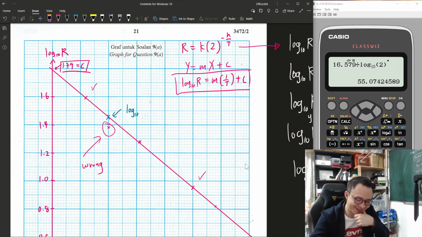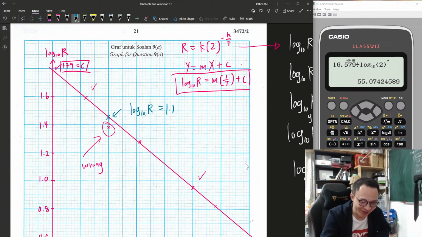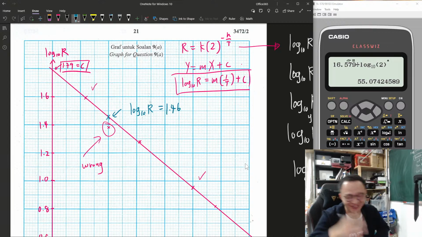Log 10 R equals 1.46. Yeah, like this is more accurate.